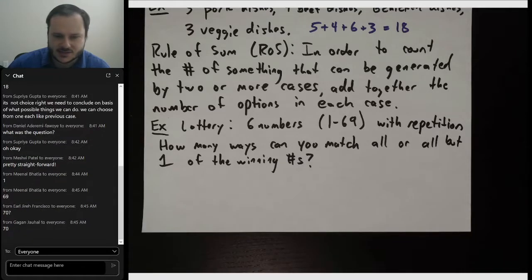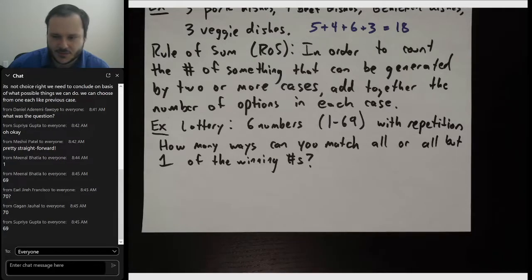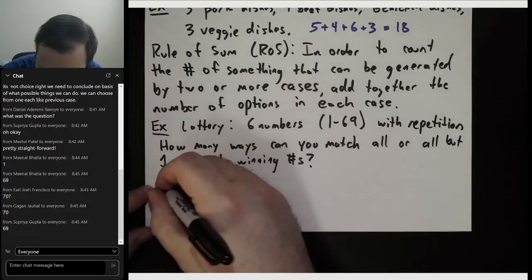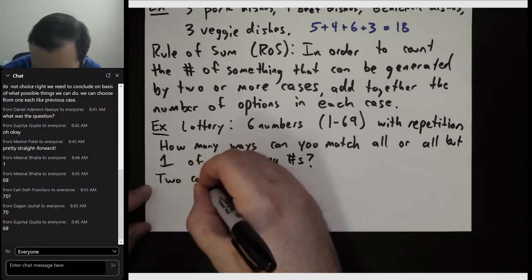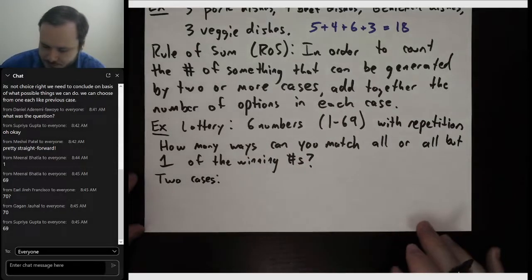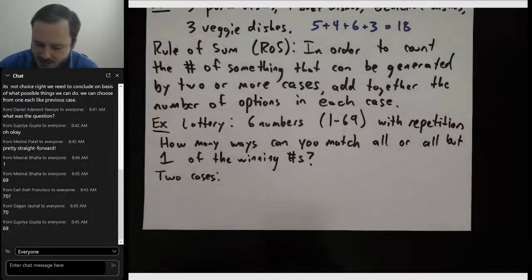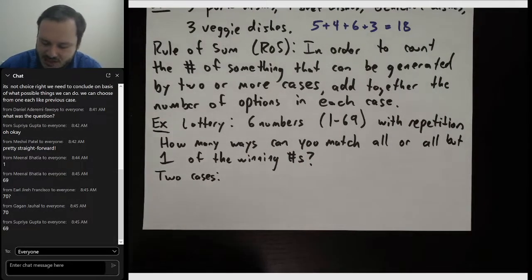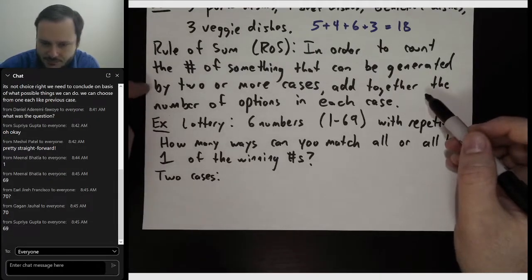Got some good guesses. 70, 69. So let's think about it. Let's try and use our rule of sum, our rule of product. So first of all, we've got 2 different cases that we're dealing with. An important thing that I didn't put explicitly into the rule of sum, but these cases have to not overlap. Right?